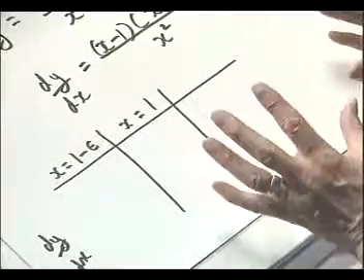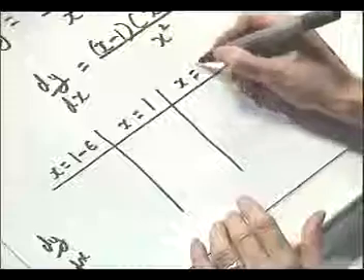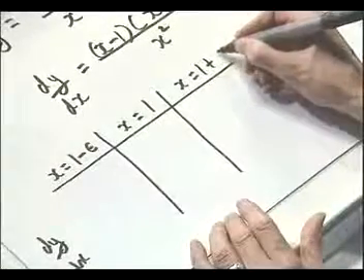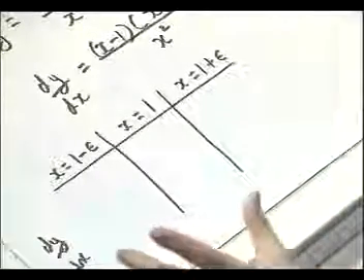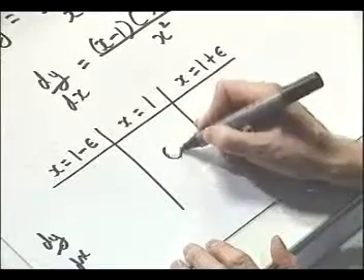And all I mean by epsilon is a little positive bit of x, 0.1, 0.01 if you like. And I'm also going to look at the gradient a little bit after x equals 1, so let me call that 1 plus epsilon. Now, I'm not interested in the value of dy by dx, I'm only interested in its sign, whether it's positive or negative. I know that when x equals 1, dy by dx is 0.